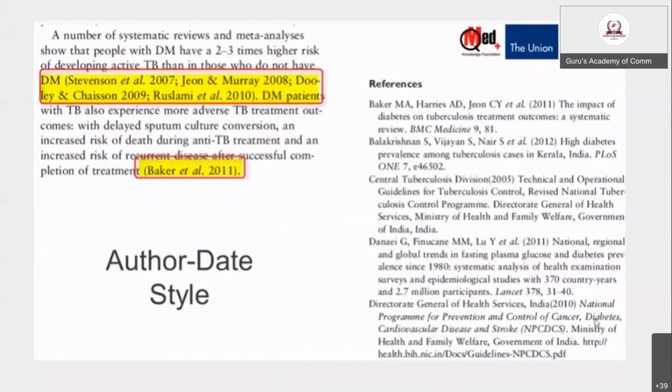No need for extra. This is called author with the date style. These are the in-text reference styles given in APA style in most reviewed as well as Scopus-indexed journals. You already know this type of reference style, you have seen it. Our software works with this kind of style, so it is very useful for you.